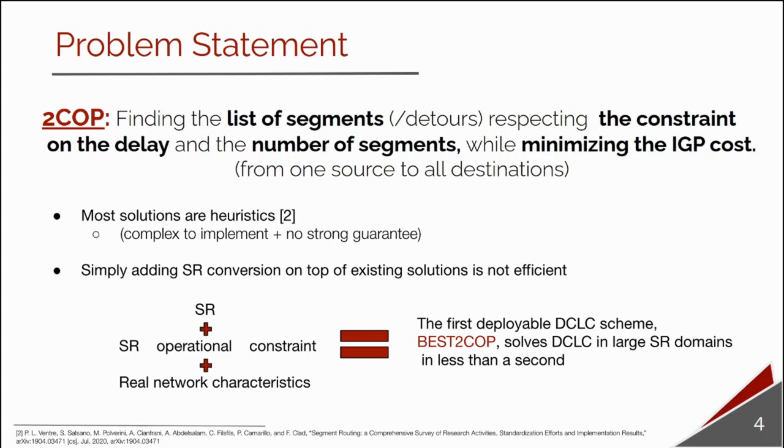And on top of this, we are going to look at how real network characteristics simplify the problem for us. And thanks to this, we will be able to create what we named BEST2COP, which is a simple, straightforward algorithm which we believe to be the first deployable scheme able to deal with DCLC in large segment routing domains in less than a second.